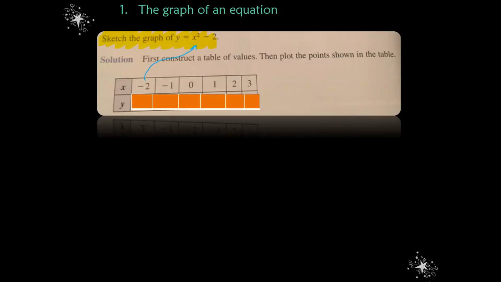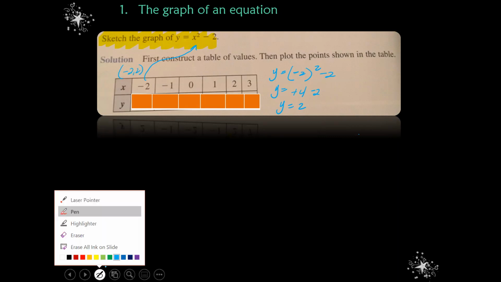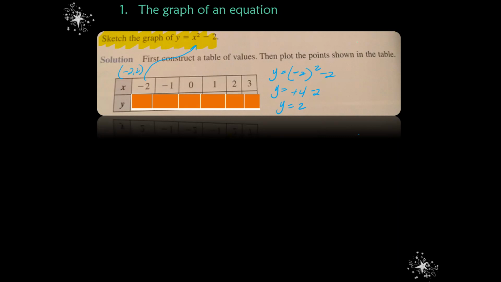Every time you see an x, you're going to replace the x with a -2. So my first one is y is equal to -2 squared minus 2. And as you know, -2 times -2 is going to be a +4 minus 2. So y equals 2. So your first point here is going to be -2, comma 2.